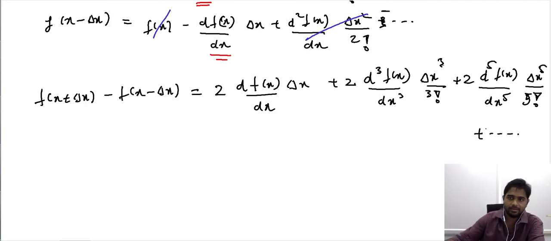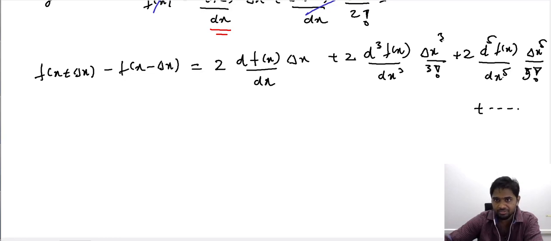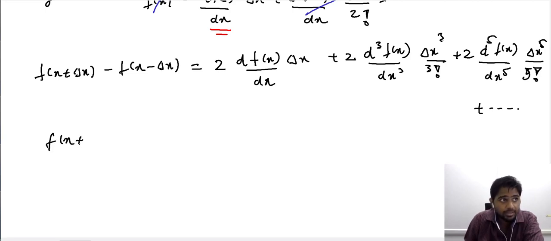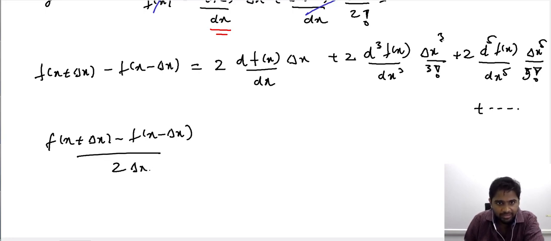You will have the odd terms that assume a definite value in this approximation or in this difference here. Now what can be done is we can take the 2 and the delta x out from the set of terms on the right hand side of the equation. When we take the 2 and the delta x out and bring it to this side, what we would end up having is f of x plus delta x minus f of x minus delta x by 2 delta x.